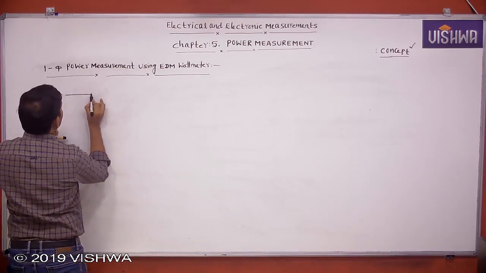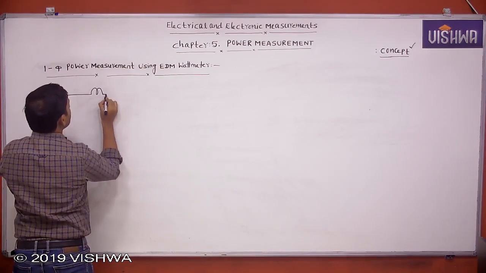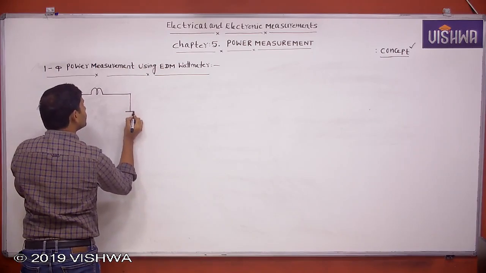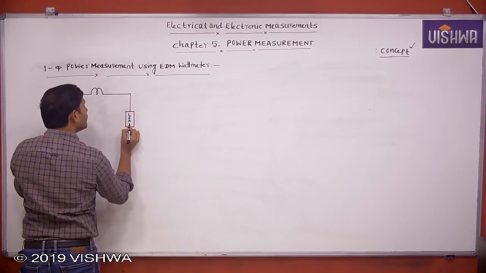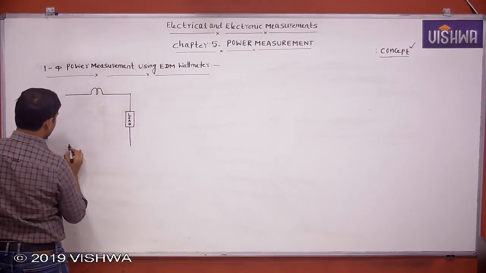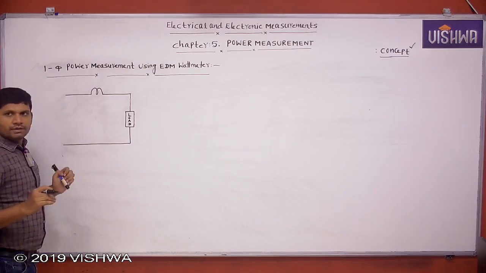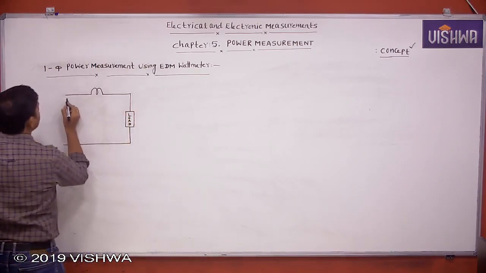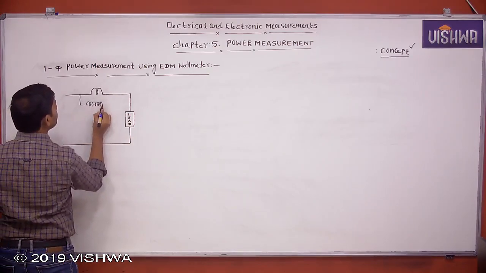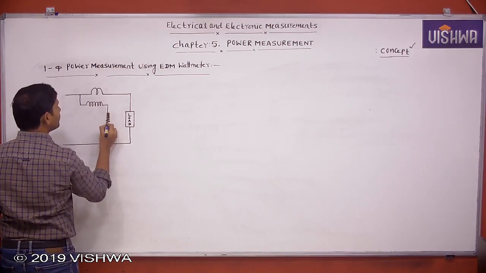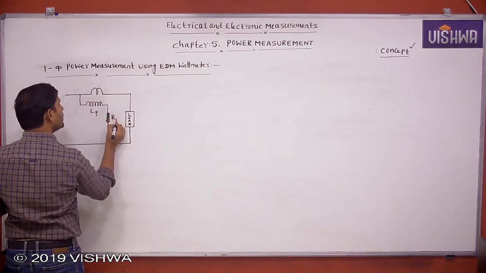You know this current coil is connected in series with load. Moving coil is connected across the supply. LP is pressure coil inductance, RP is pressure coil resistance.